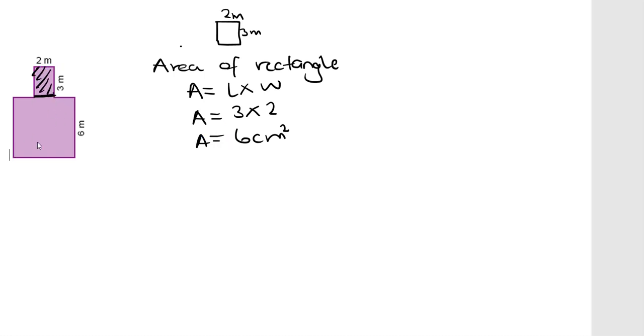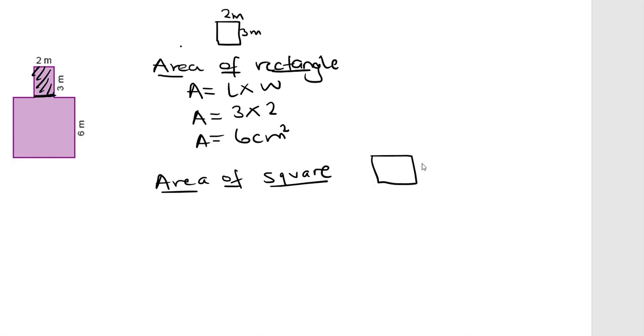That's done. Now what's the area of a square? So area of square, that's my little subheading, so my working out is nice and clear. Area of a square, well, if you want to draw it as well, you can draw it separately. It's 6 meters. I know a square has equal sides, so every side is 6 meters.